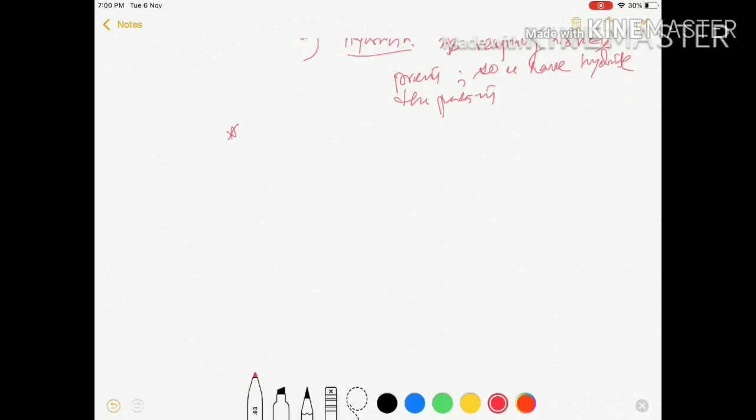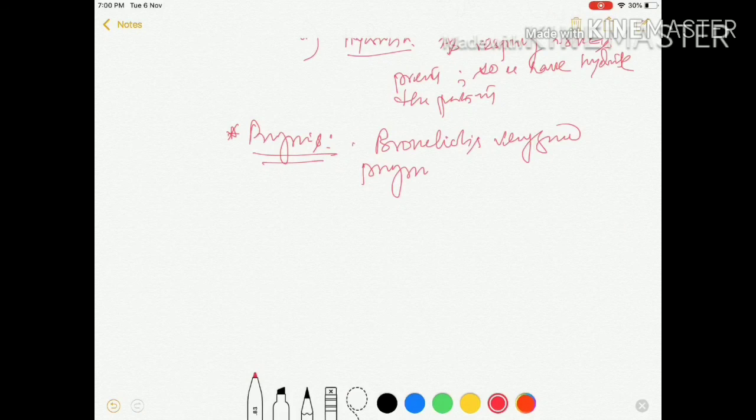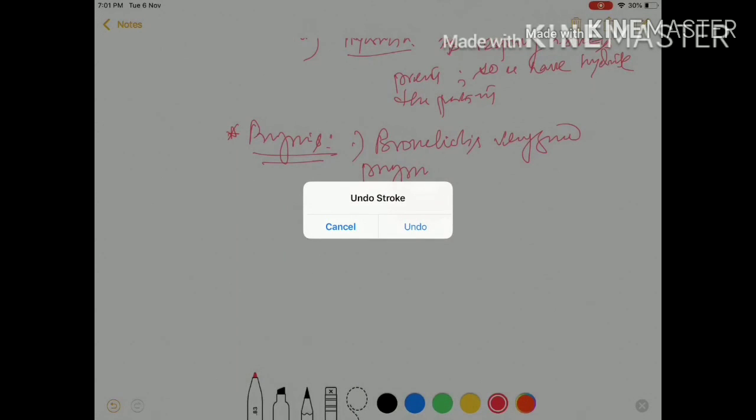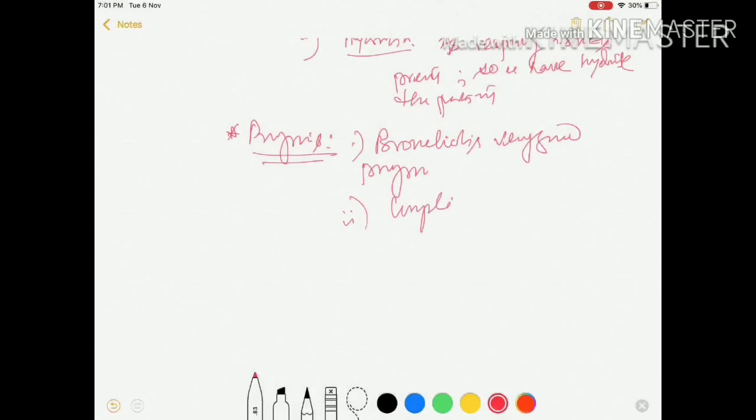And the prognosis is that bronchiolitis has a very good prognosis.